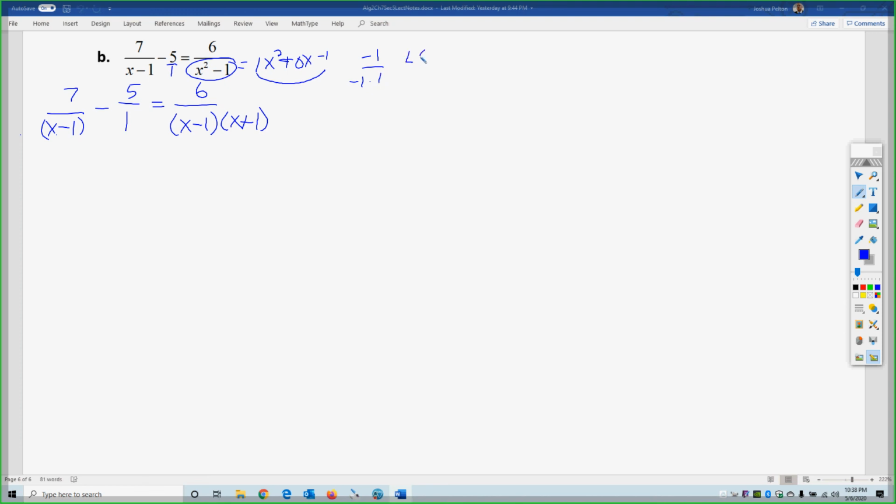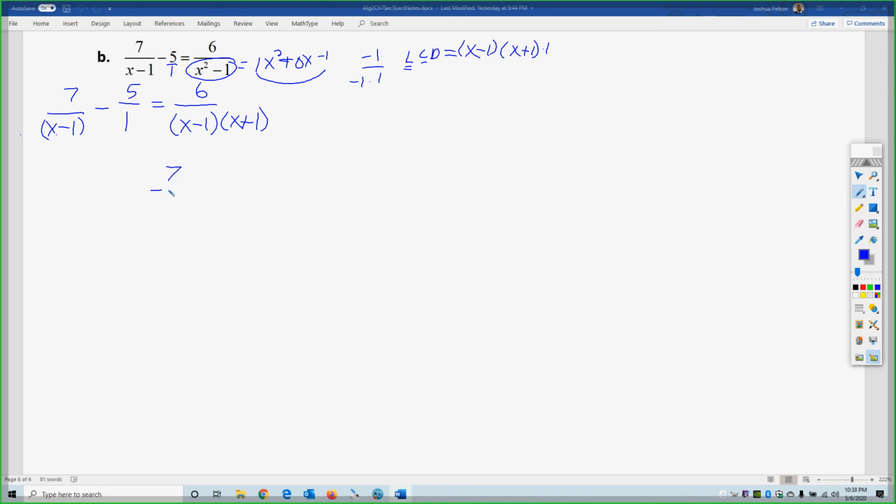Lowest common denominator. What they have in common is an x minus 1. What's left over is a 1 and an x plus 1. Though we don't really need to use the 1, we'll just kind of ignore it. Okay, so we'll shift this over.